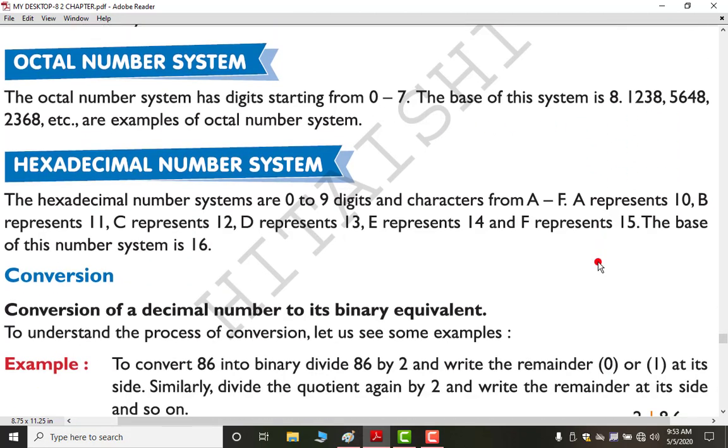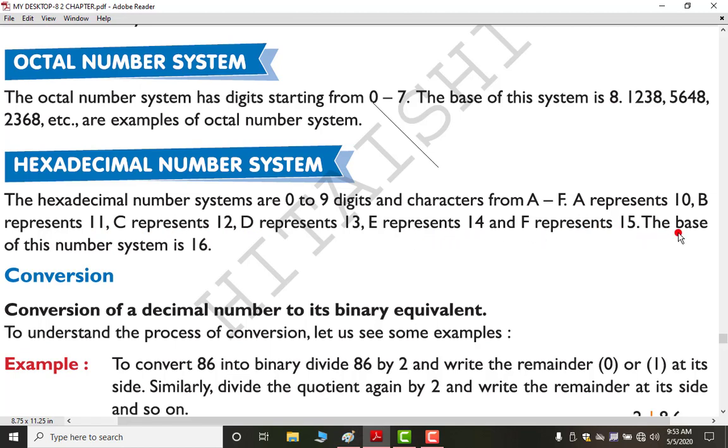Okay, next one is hexadecimal number system. Hexadecimal. Hexa means 6, decimal means ten. So the hexadecimal number system has digits 0 to 9 and characters from A to F. Means 0 to 9, 10 digits will be there, and for the next 6 digits we use A to F. That means A represents 10, B represents 11, C represents 12, D represents 13, E represents 14 and F represents 15.